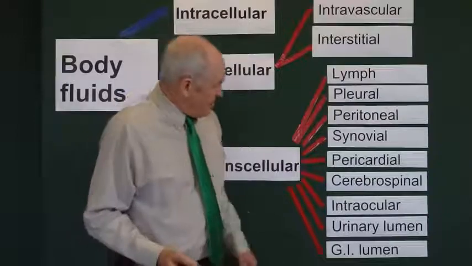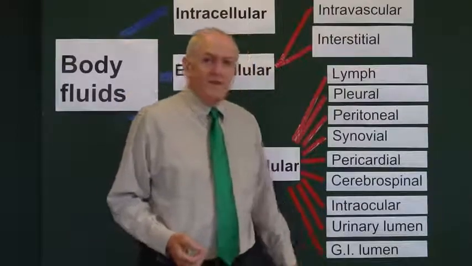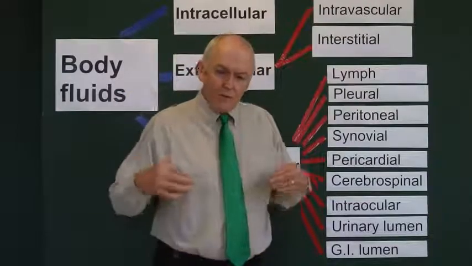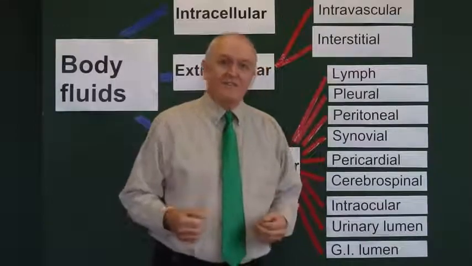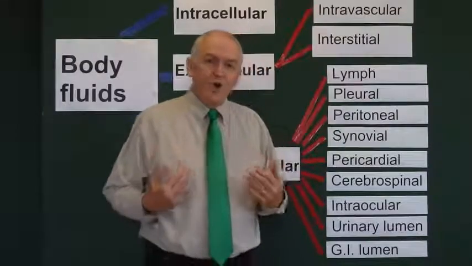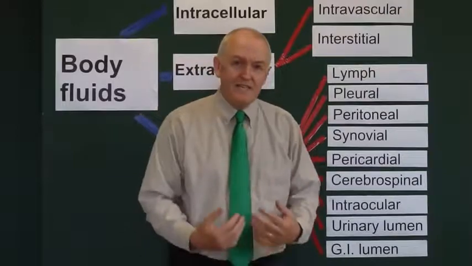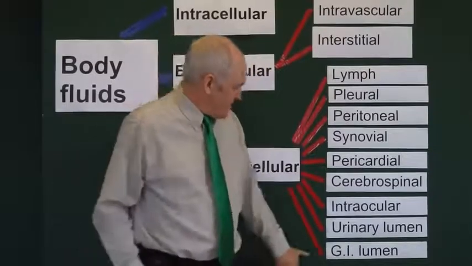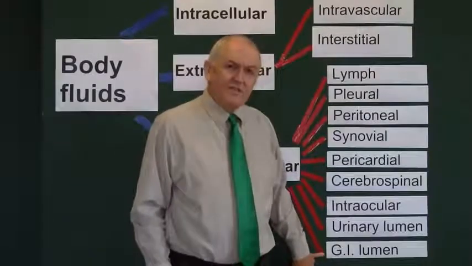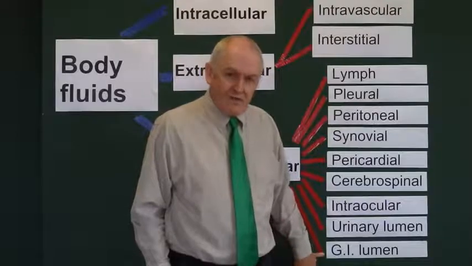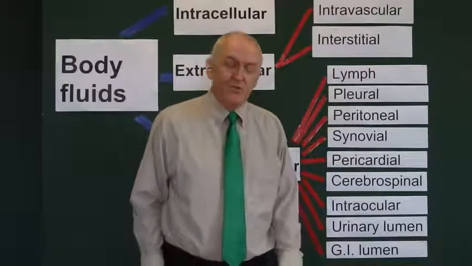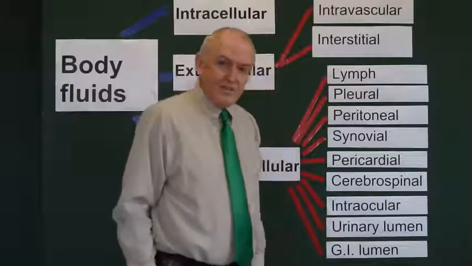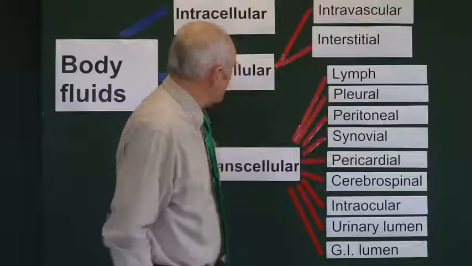Or you could think of inflammatory conditions, where the fluid that's normally secreted by the gastrointestinal tract is not properly absorbed, or inflammatory fluids accumulate into the lumen of the gut. And of course that would give rise to the condition of diarrhea, with increased amounts of fluid being lost in the stool, in the faeces.